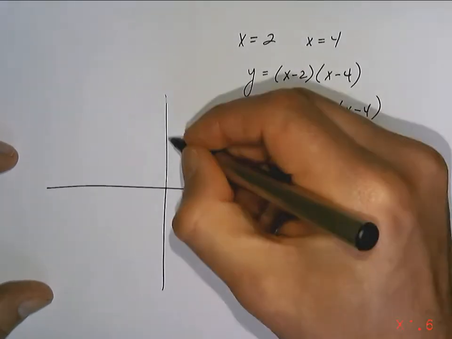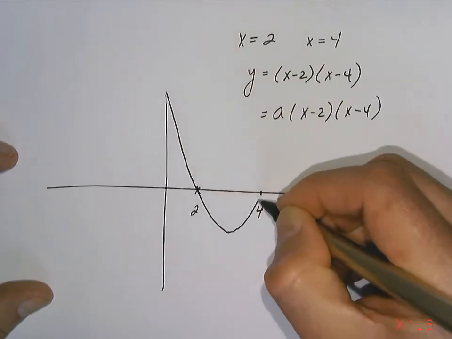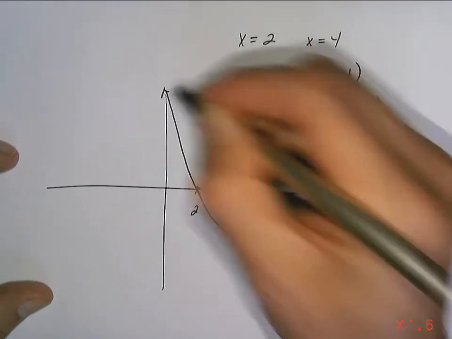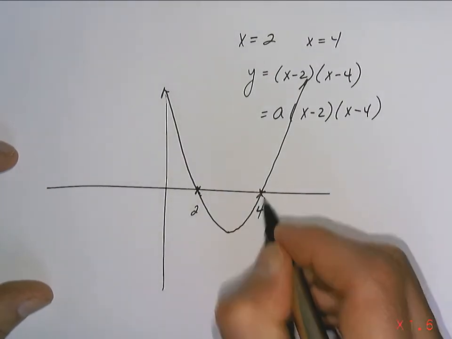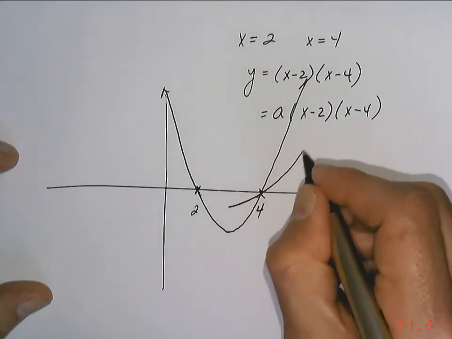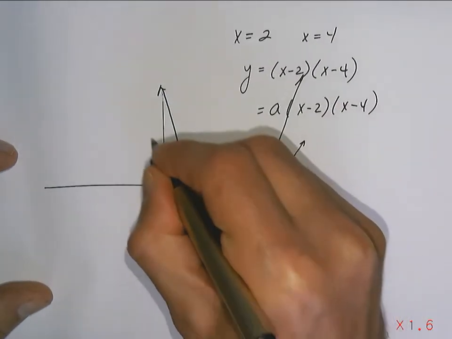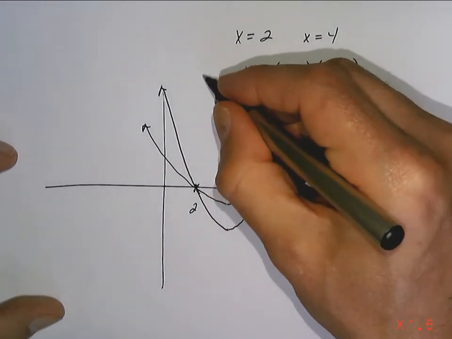So even though this parabola satisfies the roots x equals 2 and x equals 4, so does this parabola. So does this parabola.